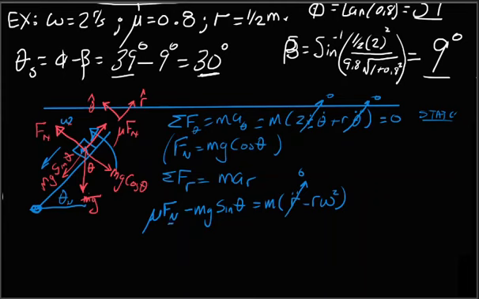We know Fn is mg cosine theta, so we'll get mu mg cos of theta minus mg sine of theta is m times negative r omega squared. There's an m in all the terms. The m's can go. There's a g here.